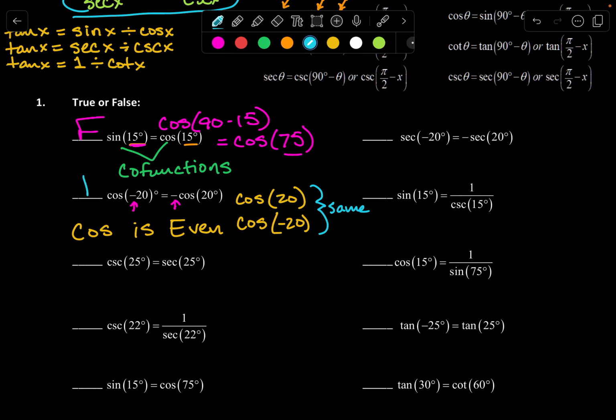So this is false because cosine of negative 20 really equals cosine 20.